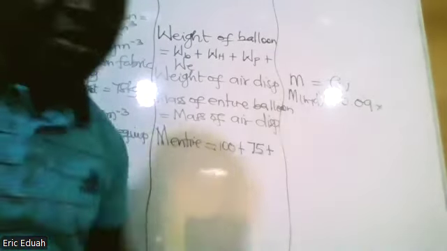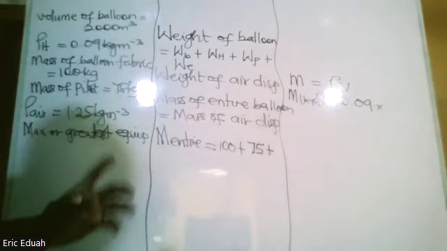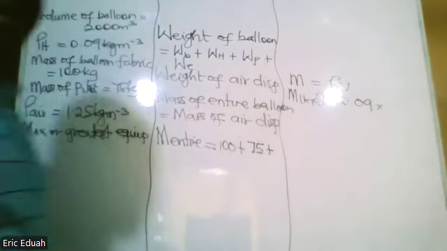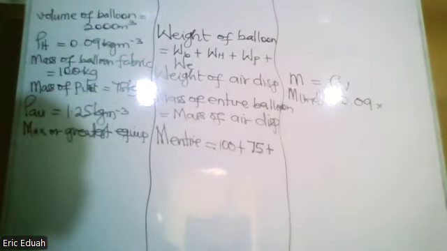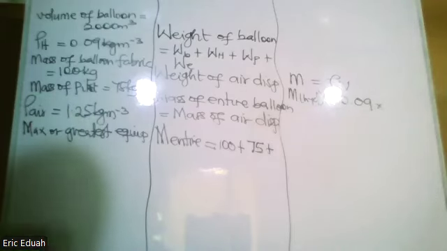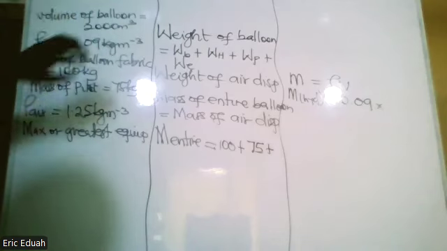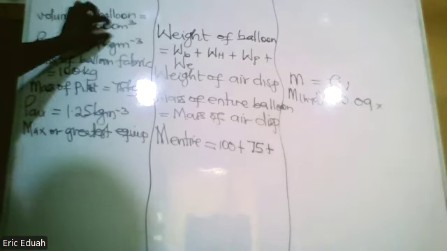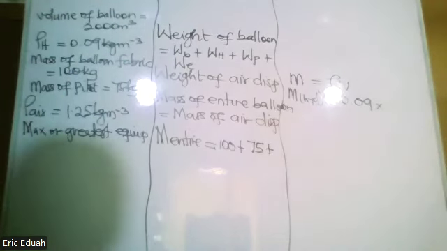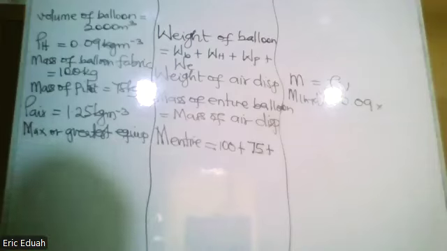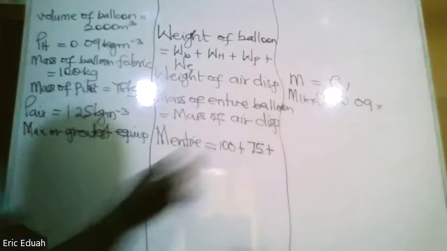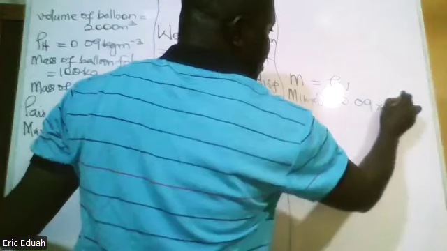The volume of hydrogen wasn't given directly, but we all know that gases take the volume of their container. So if hydrogen is within a container whose volume is 2,000 meter cube, then the volume of the hydrogen gas would be the same as the volume of its container. So 2,000.